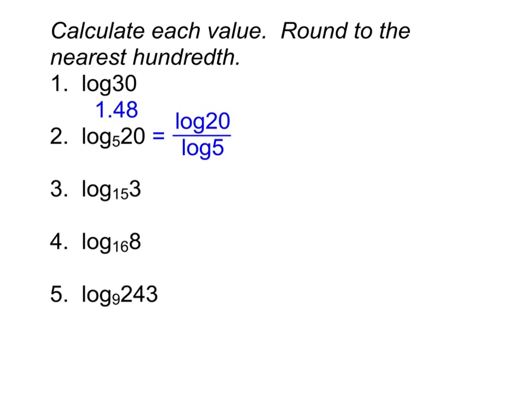The tricky part there is remembering to end the parentheses, because when you press the log button on a graphing calculator, it'll display log and then start a parenthesis. So if I did log 20, and then just said divide by log 5, you'll notice that log 5 is inside of the first set of parentheses. So I have to end that parenthesis here in order for it to actually be clean.